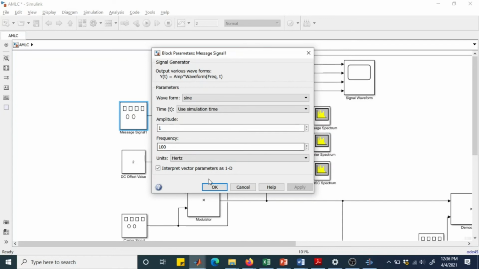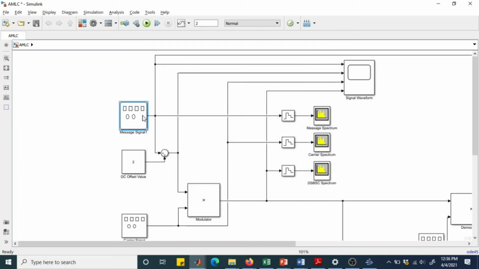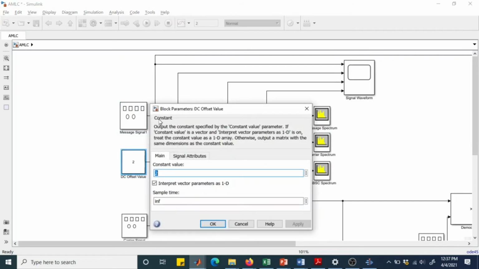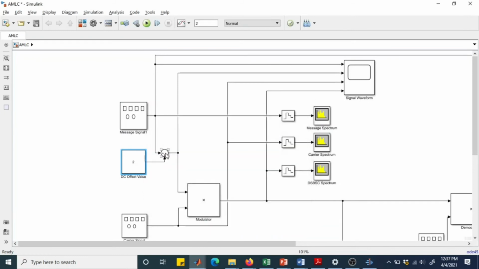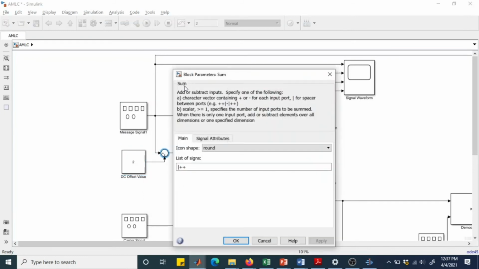Specifically we have used a sine wave with an amplitude of 1 and a frequency of 100 Hz, and in the first type we give a DC offset to this message signal. That DC offset is basically a constant signal of 2 volt, and then we use a summation block to sum the message signal and the DC offset.